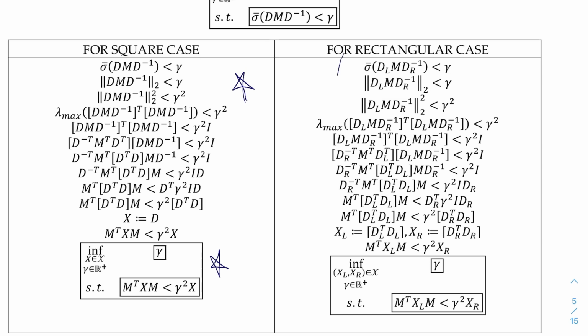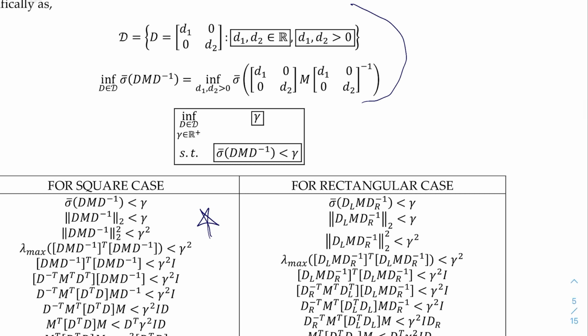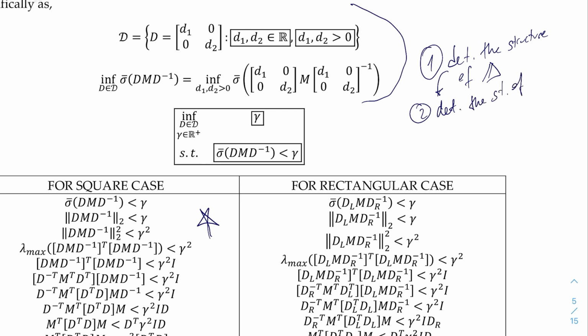Okay, what was our algorithm? Let's write that to be more redundant. First, determine the structure of uncertainty delta. Okay, and then by using that information, determine the structure of D sets.